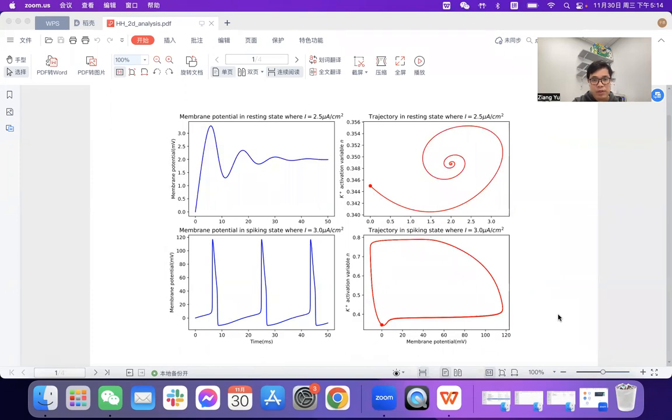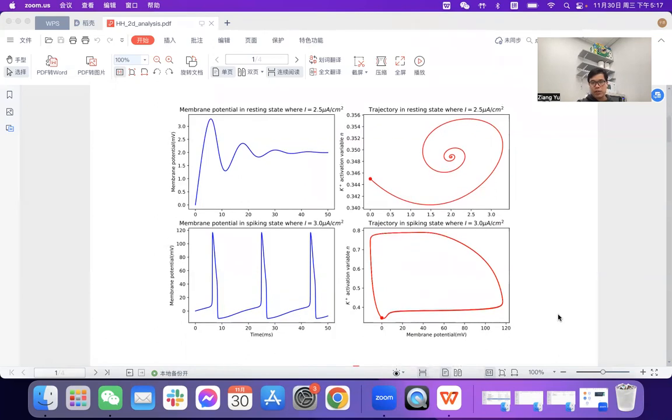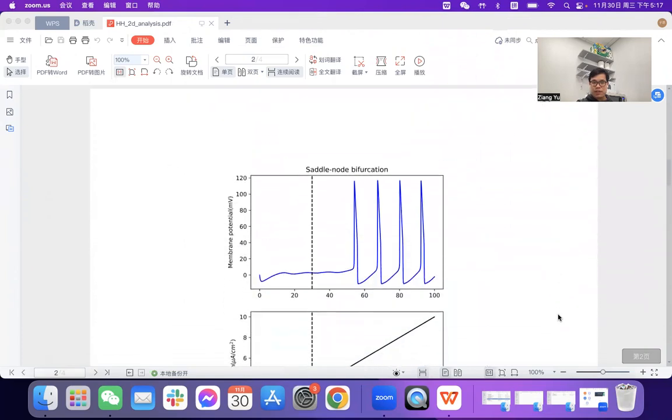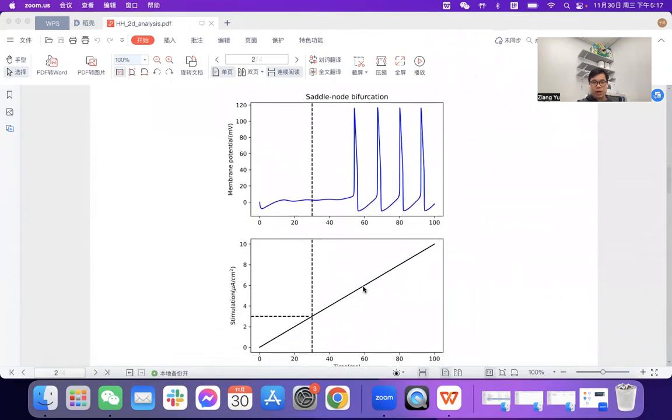From these results, we can tell that the behavior of the system is really different with different stimulation I. In order to find out at what point the behavior changes, I use an increasing stimulation input to the neuron. The lower figure represents the stimulation I injected in my simulation.